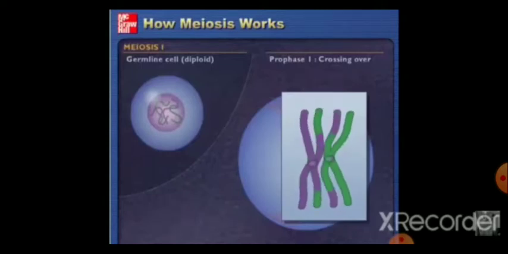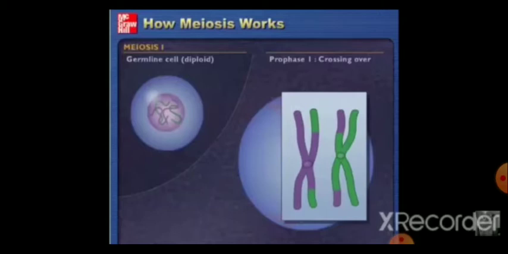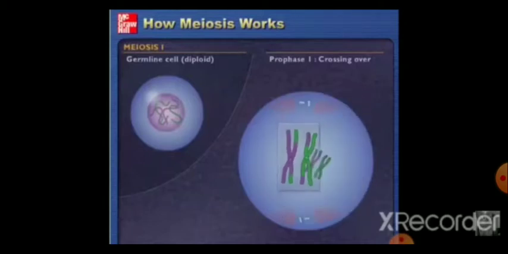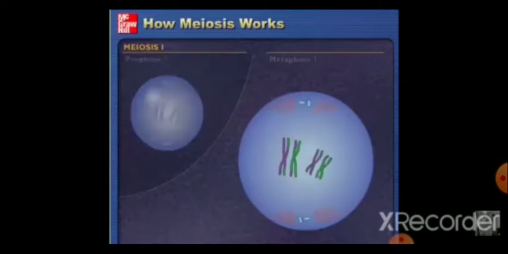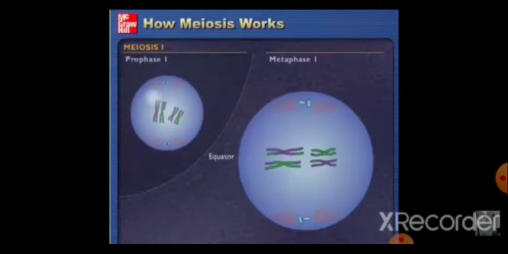In addition, homologous chromosomes line up next to each other, and an event unique to meiosis occurs, called crossing over. Homologous chromosomes exchange DNA between adjacent chromatids. The sister chromatids are no longer identical to one another.